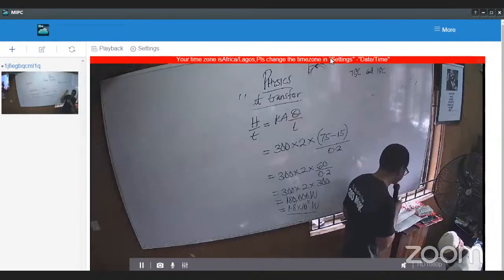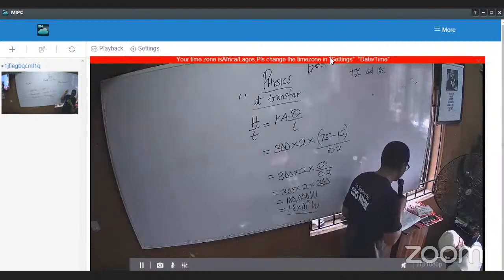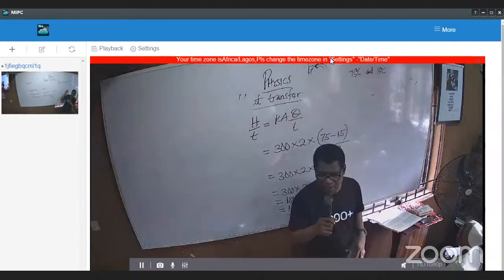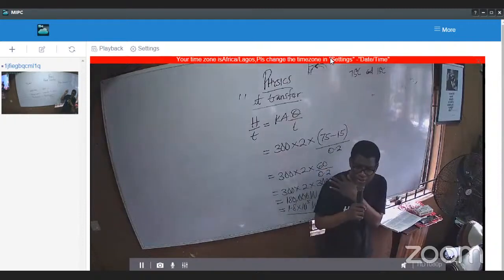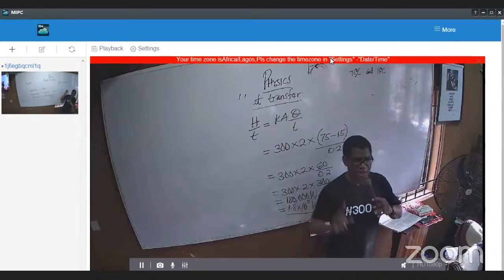Option C, land to sea. Option D, sea to land. Class, what's the answer? Sea to land. And that occurred during when? During the day, not night. Land breeze occurred in the night. We have the reverse.